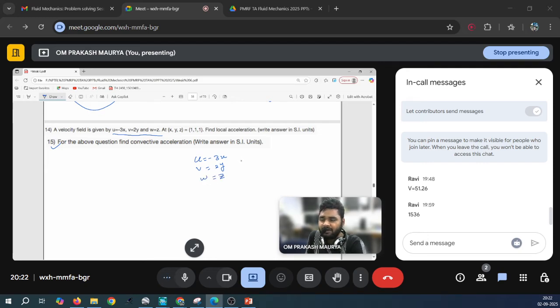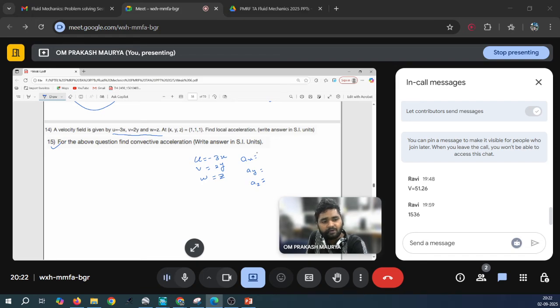So you have to find out convective acceleration, ax, ay, az. So what should be the convective acceleration here?